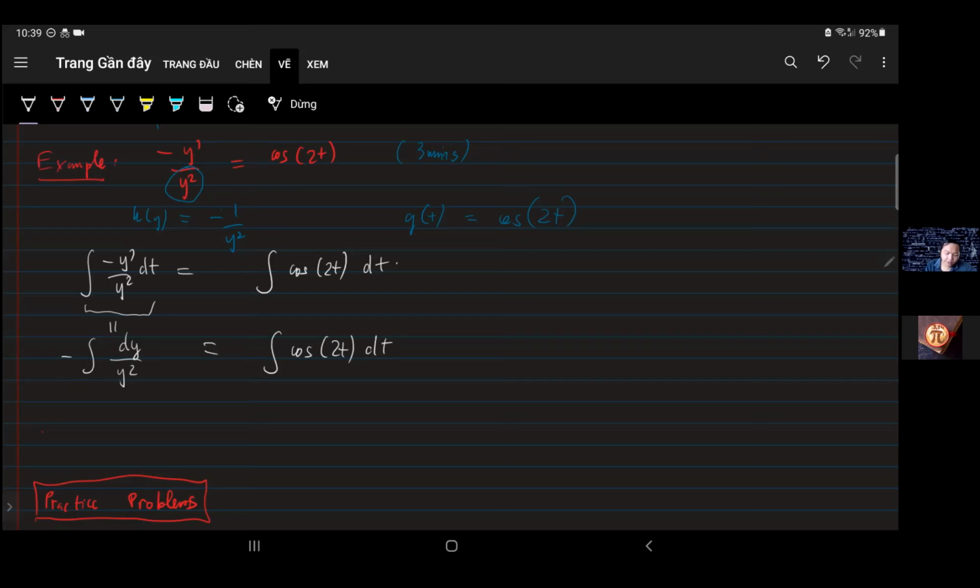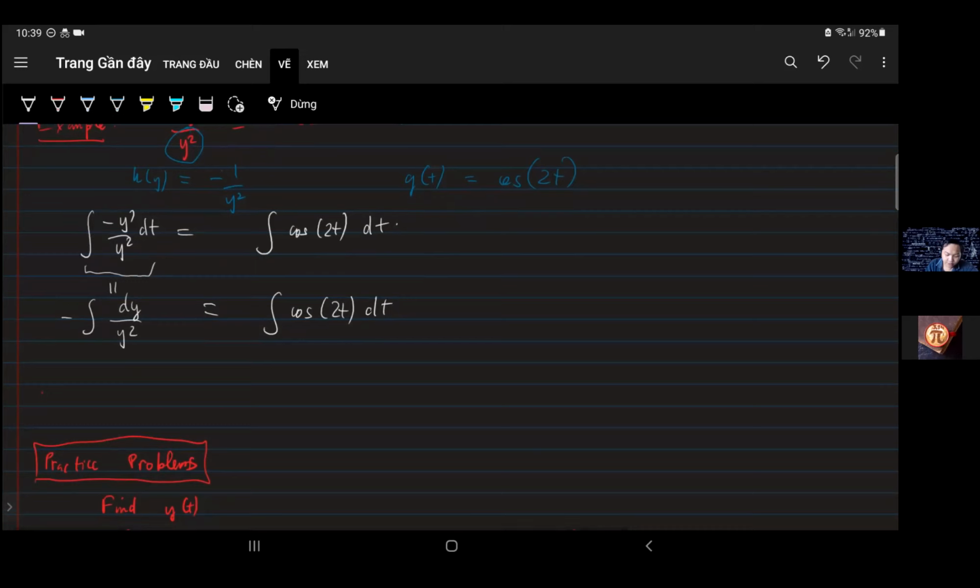Okay, so if you know how to do calculus 1, you are able to solve this integral. This is y squared, which is y to the negative power. Try to write it carefully so you are not confused. This is just a polynomial, right?